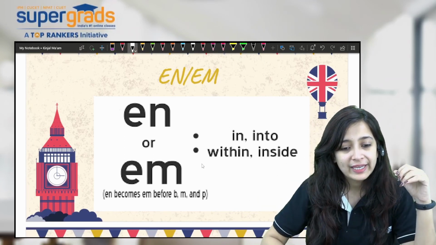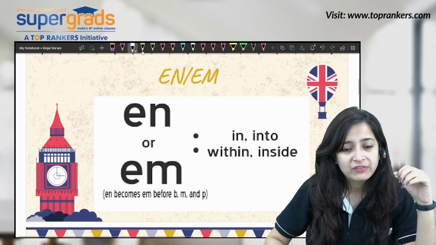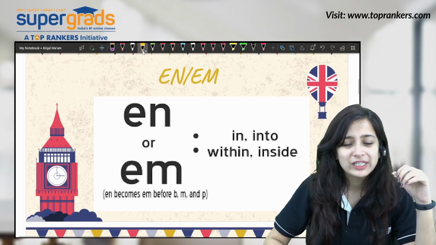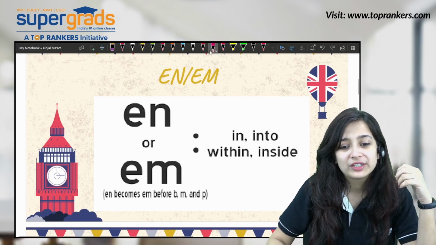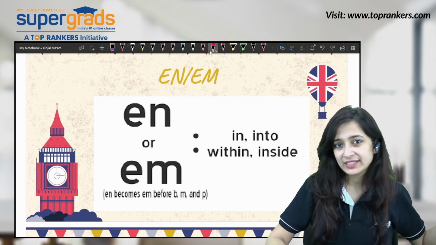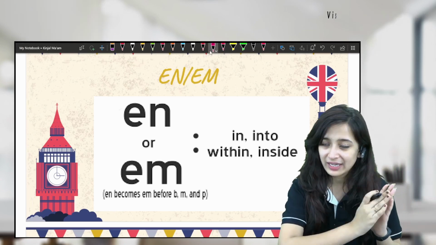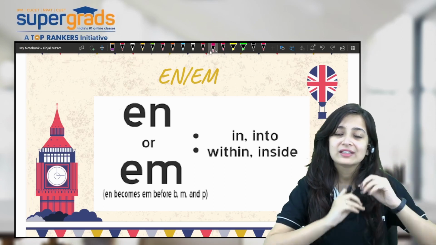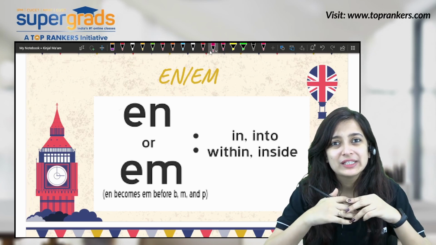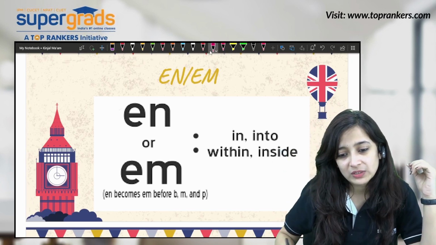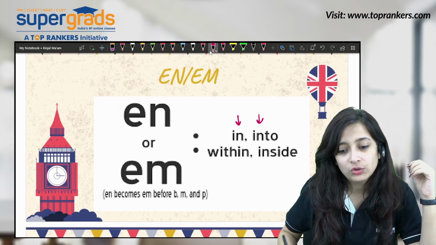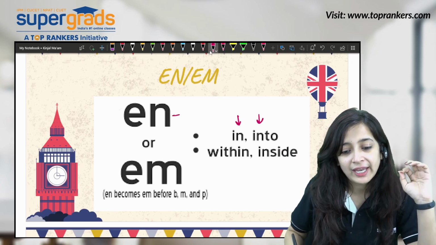So en and em. Most of the time when teachers teach, either they teach en entirely differently and in an individual manner, or they tell you the difference between prepositional words like in and into, just to relate them with en and em.